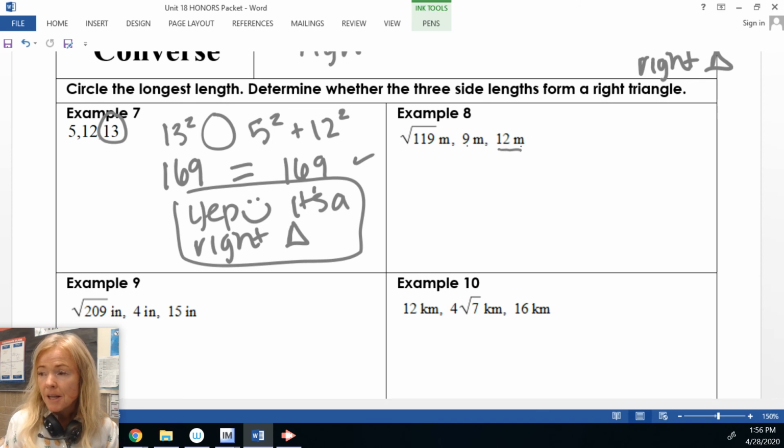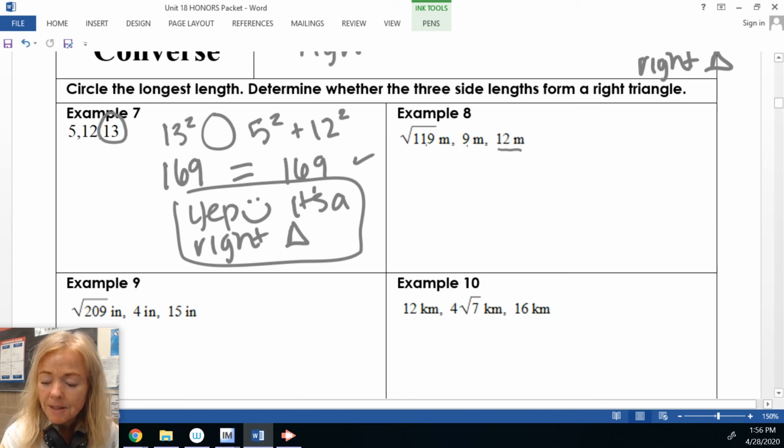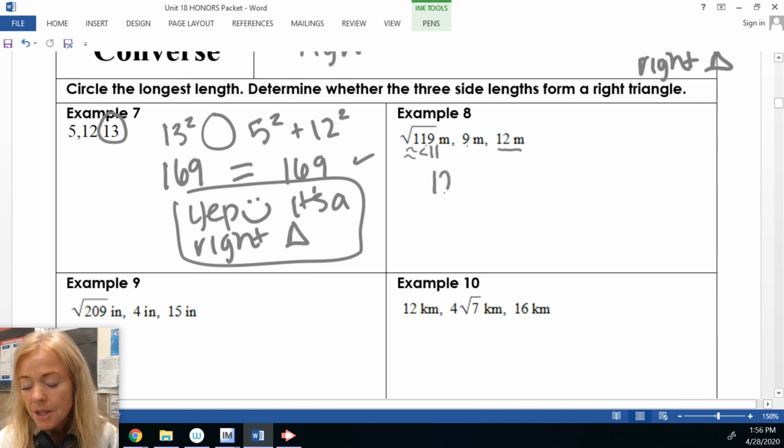Well, 121 is 11 squared, so I know this is going to be a little less than 11. So I know 12 is the longest side. So I'm going to check 12 squared and see if that's equal to radical 119 squared plus 9 squared.